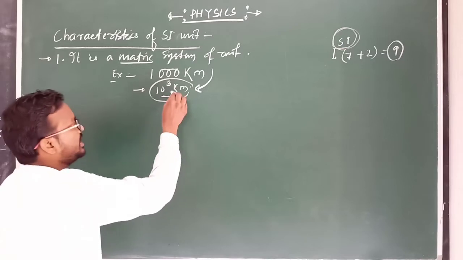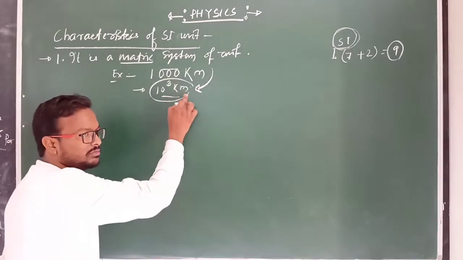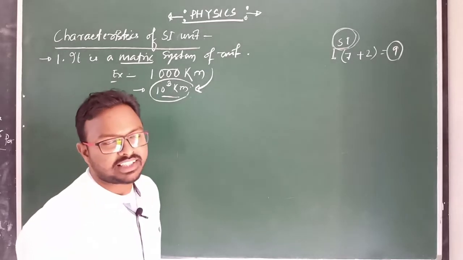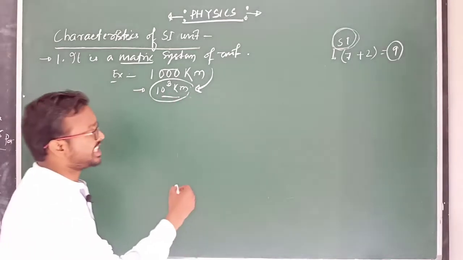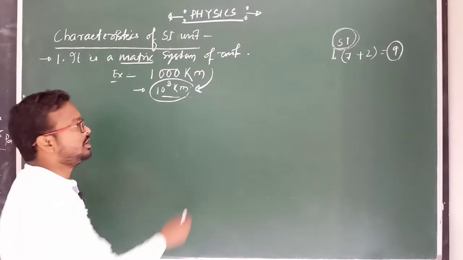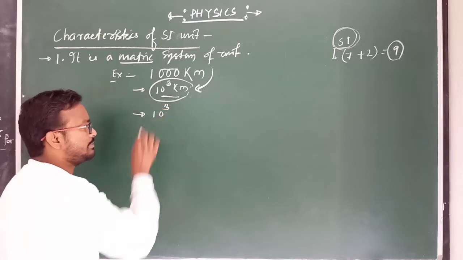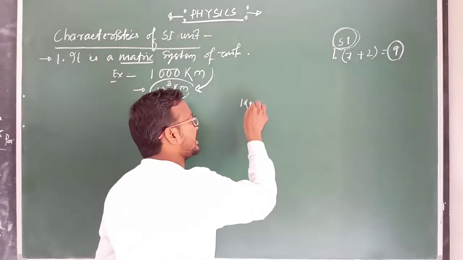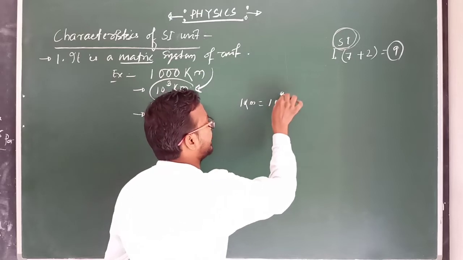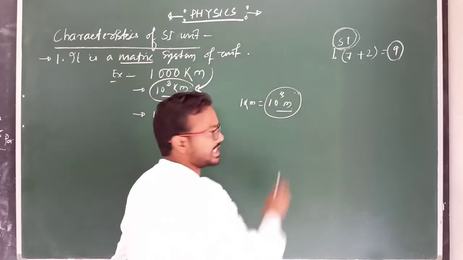Clear? And we can derive this in the MK system. In MK system we already know the length can be measured in kilometer, and this kilometer can be converted into the CGS system. We already know 1 kilometer is equal to 10 to the power 3 meter, and this is known as the metric system.